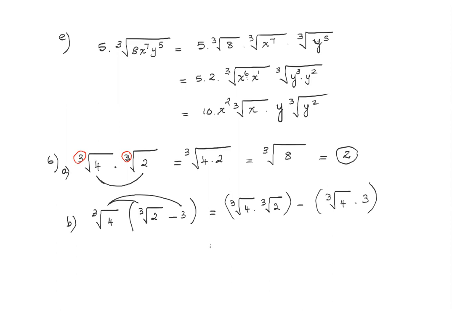So this is going to be cube root of 4 times 2 because they both are inside the radical. However, if you look at the second one, there's no cube root for 3, so we cannot multiply 4 and 3. That is going to be wrong. And cube root of 4 times 2 is 8, which is 2, minus 3 times cube root of 4.